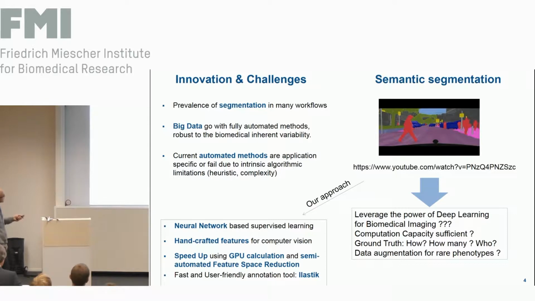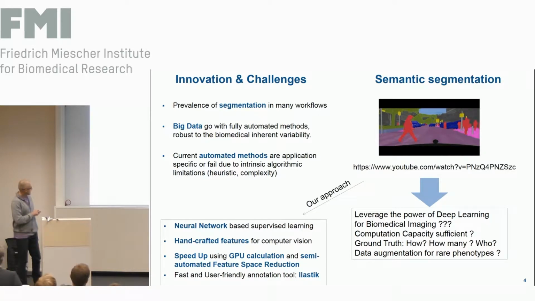Second difference with deep learning is that we will still keep handcrafted features, and we will not rely on convolutional layers, as is done standardly, to discover which are the features of interest for your classification.